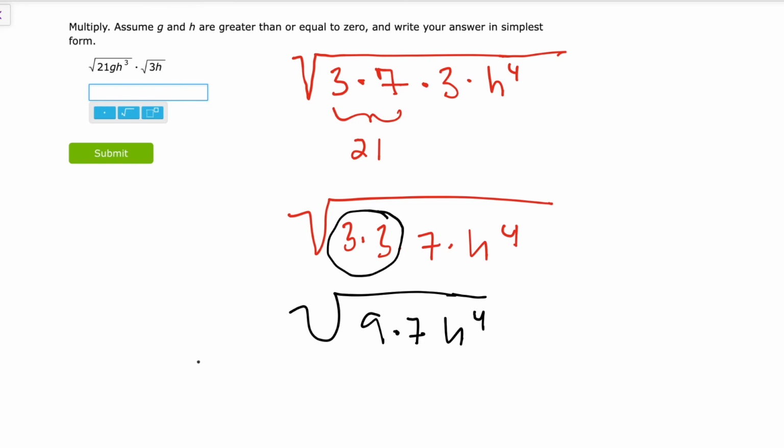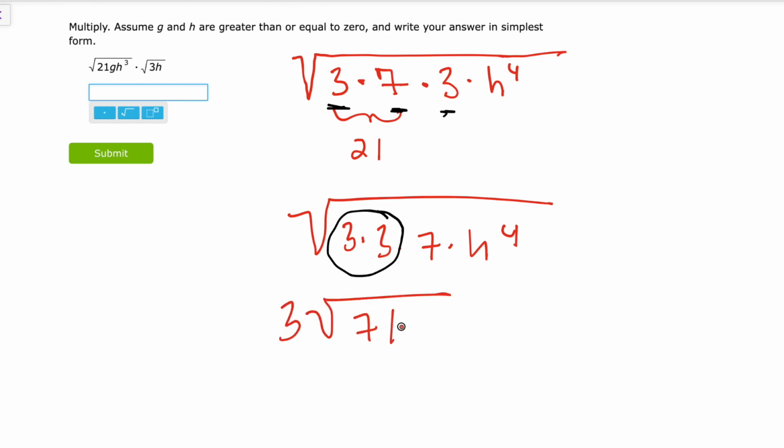That's why I didn't combine them: we'd make a bigger number, then factor tree it, and end up with these as our factors. So it's 3 root 7 h to the 4th, and we have an invisible little 2 right there.